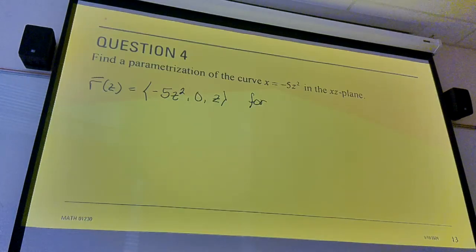What's the domain? All real numbers for z. Yeah, that works, and that's the easiest one to do. Shame you weren't sure about why we do it. I lost my nerve.